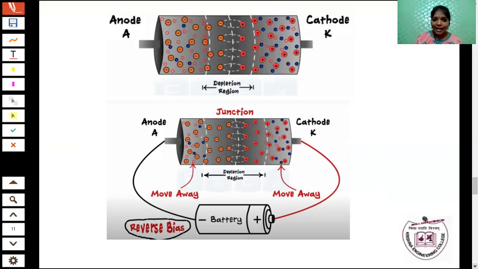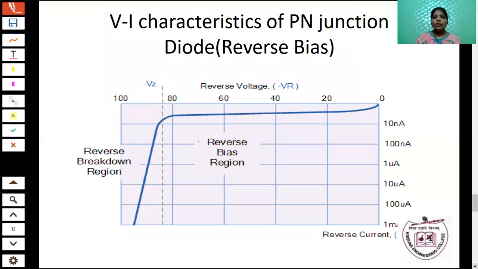But the PN junction diode still has minority charge carriers. Because of this, a small amount of current is produced in the PN junction diode, in the range of nano amps. That current is called the reverse saturation current. So this is the VI characteristics of the PN junction diode under the reverse bias condition.